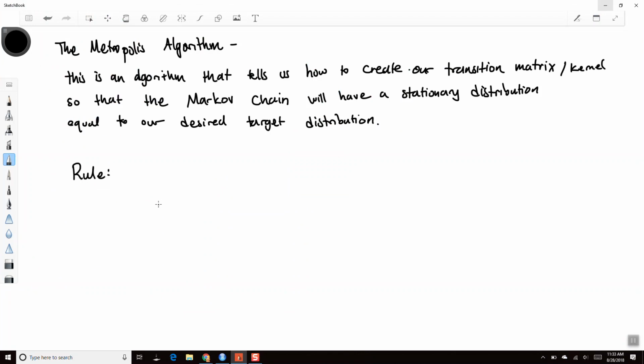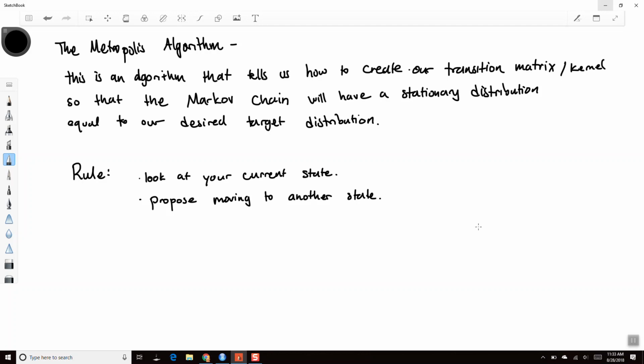It says you look at your current state, and then propose moving to another state.